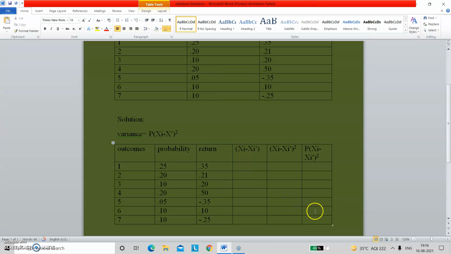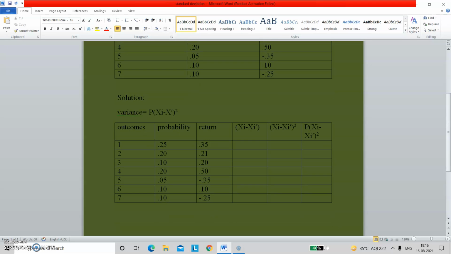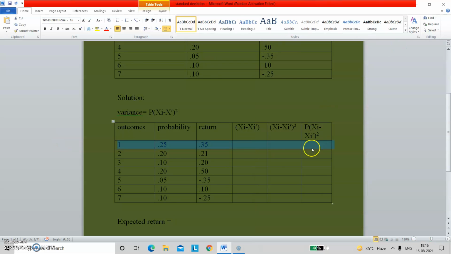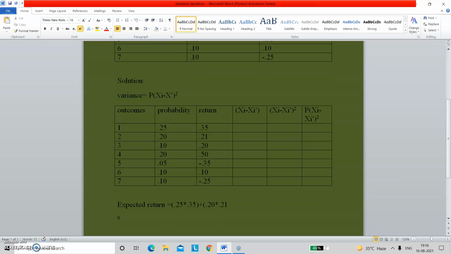Now we are going to find out the expected return for this. That is denoted by xi dash, right? For that, we have to do probability into individual return, that is 0.25 into 0.35, then 0.20 multiplied by 0.21, right?